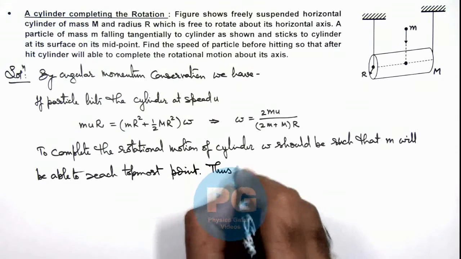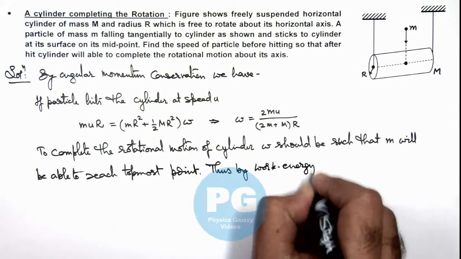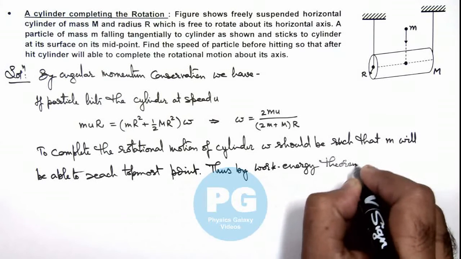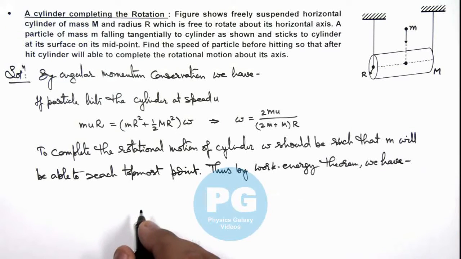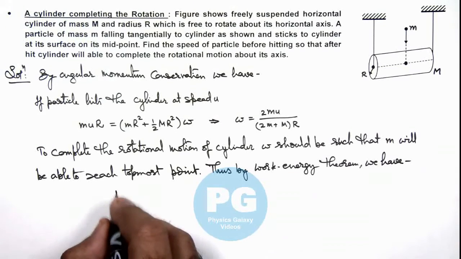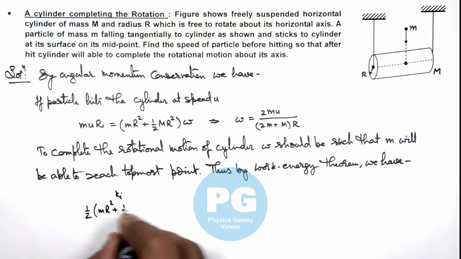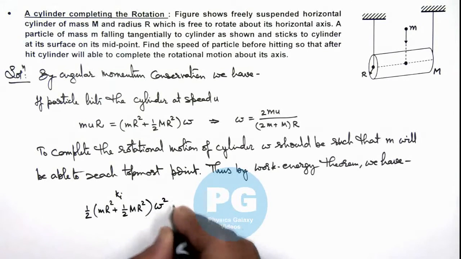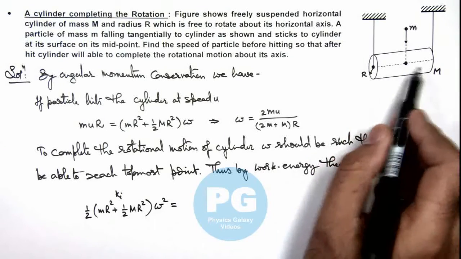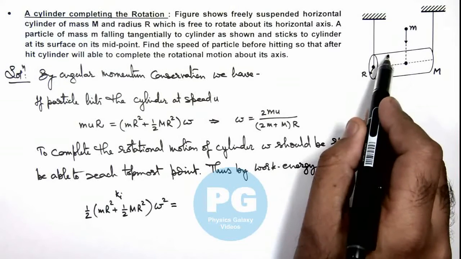Thus, by the work energy theorem, in this situation we can write that the initial kinetic energy of the system is half, its moment of inertia is mr square plus half capital M r square, multiplied by omega square, and this should be equal to, as the cylinder's center of mass remains at rest at its axis, this mass rotates by an angle of 270 degrees.